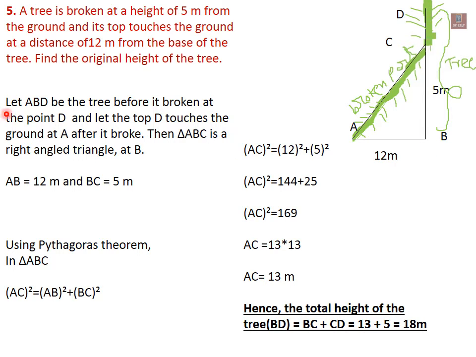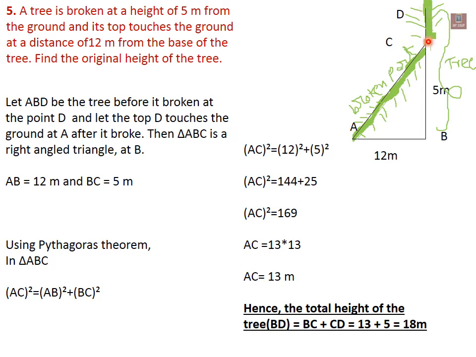Now let ABD be the tree before it is broken, with the top at the point D. Now let the top D touch the ground. This top D touches the ground at A after it broke.